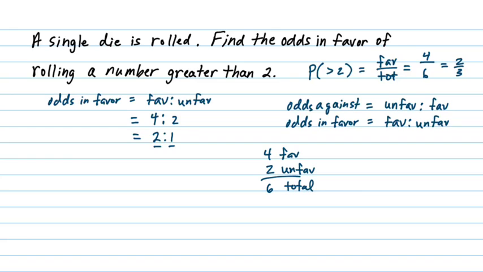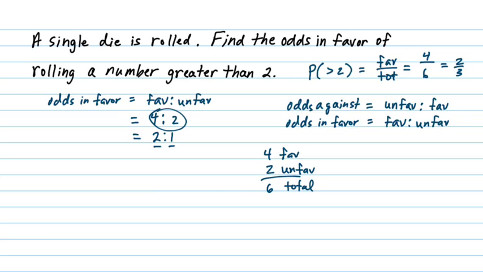Notice that's the same as what I had above. If you were to roll a die 6 times, 4 plus 2 is 6 total outcomes, 4 times you would expect to get a number greater than 2, and 2 times you would expect to get a number that's not greater than 2. That would be the 1 or the 2.